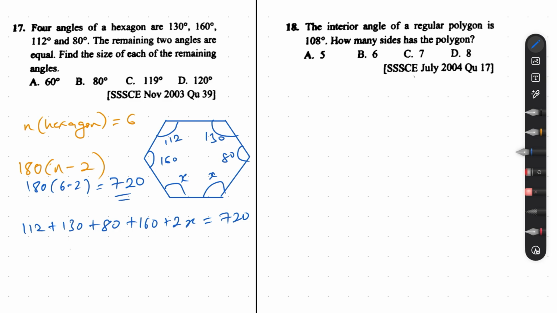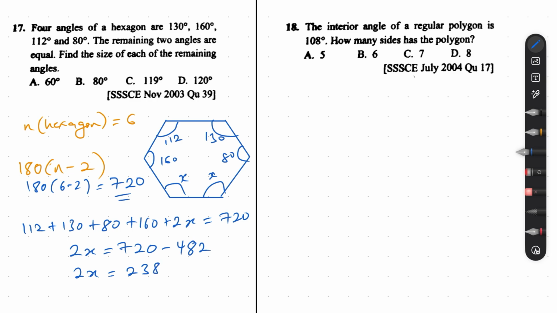Finally, when we solve this, we have 2X equals 720 minus 482, which is 238.